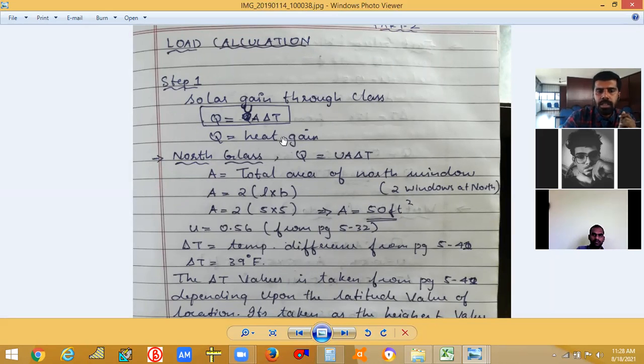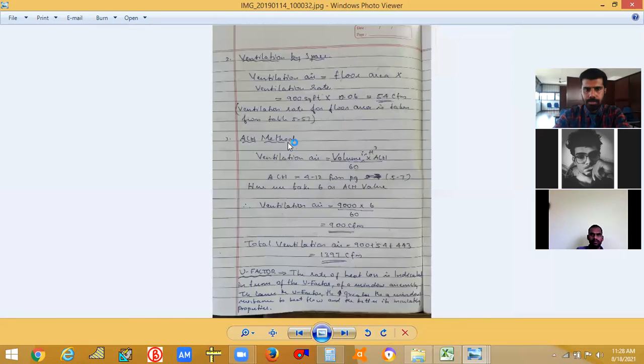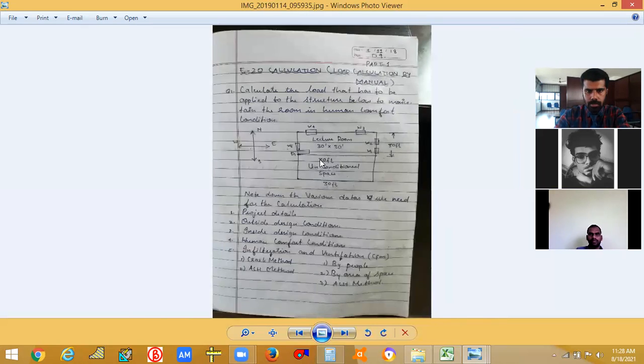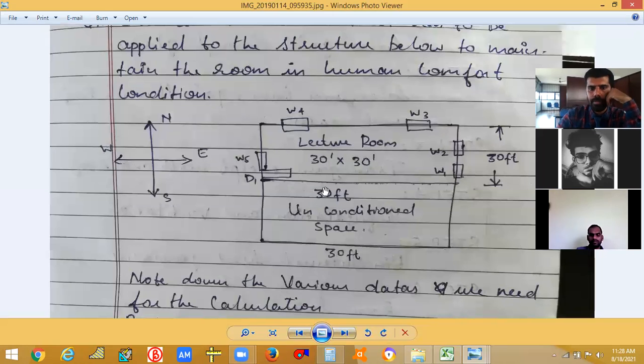Okay. So coming back to the question. This is our question, right? And this is our orientation, correct? North, south, west, east. And we know that this is the partition wall.